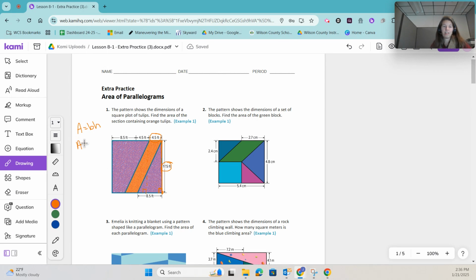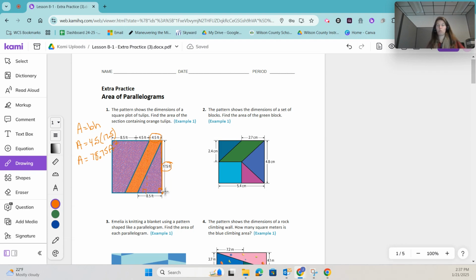And we said that base is 4.5, and I multiply it by my height, which is 17 and a half. I multiply those and I get my area is 78.75 feet squared. Don't forget it's squared. It's two-dimensional. Base and that height.